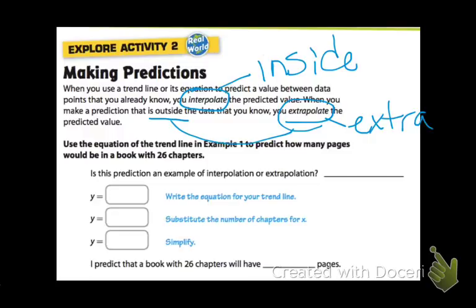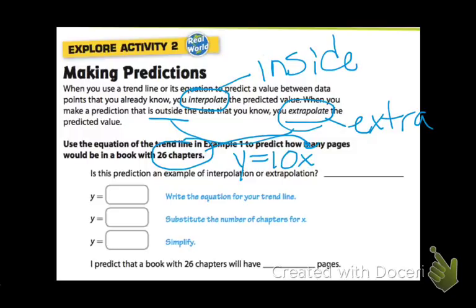Use the equation of the trend line in example 1 to predict how many pages would be in a book with 26 chapters. First of all, we had an equation that looked like this, y equals 10x. So when we are looking at that specific equation, we are looking at 26 chapters, plugging that in for x.